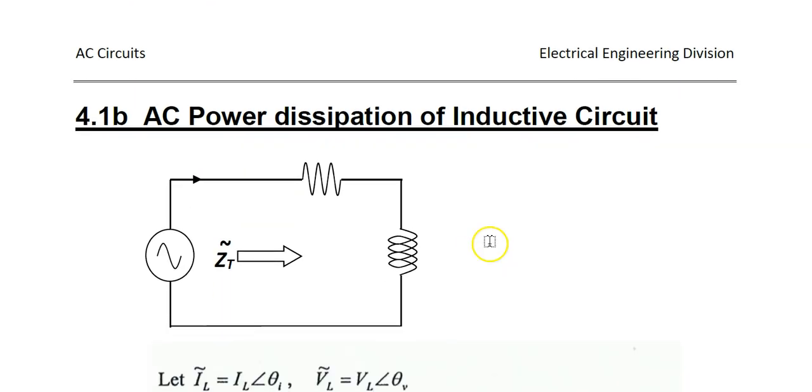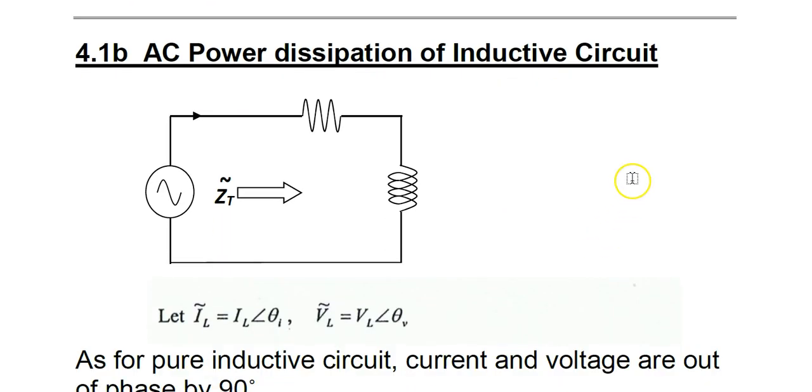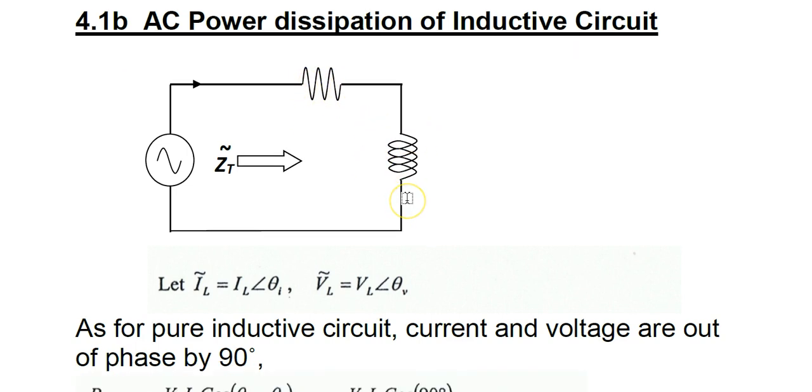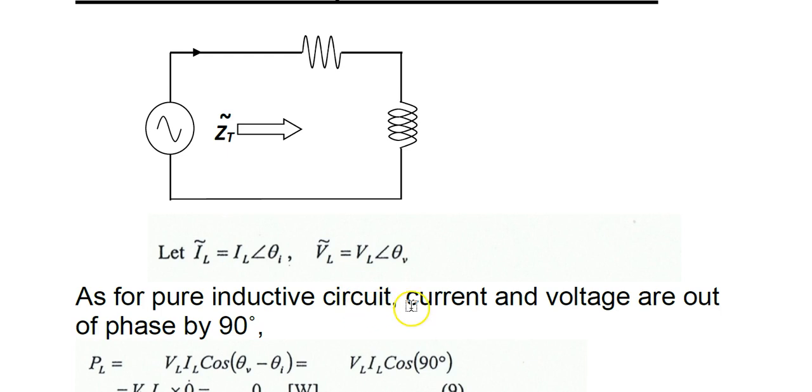Now let's look at what happens with power dissipation inside an inductive circuit. In this example we have a resistor and an inductor. Now if you recall, for a pure inductive circuit, the current and the voltage are 90 degrees out of phase.